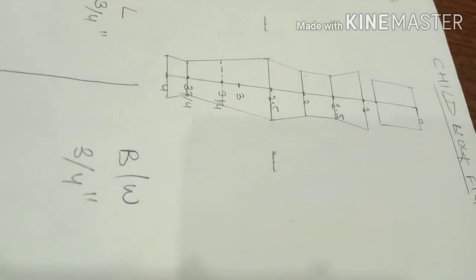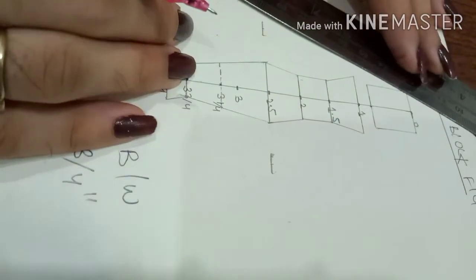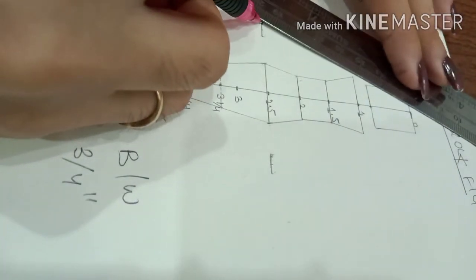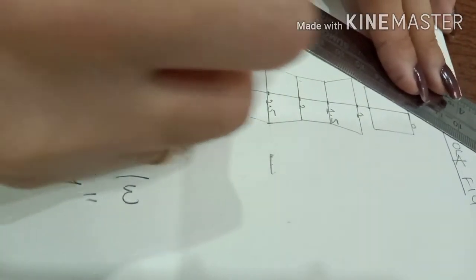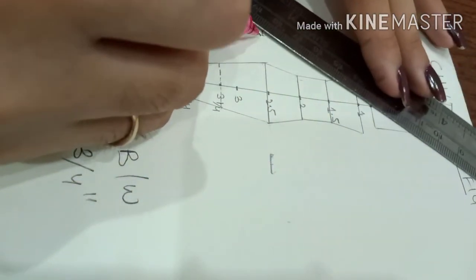After making these lines, we will join this side with the shoulder and this side with the chest.